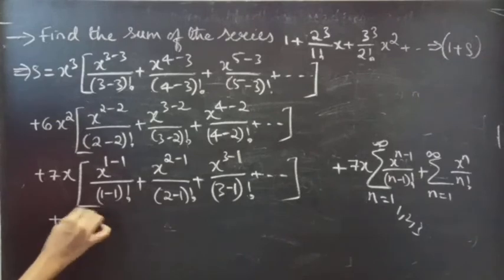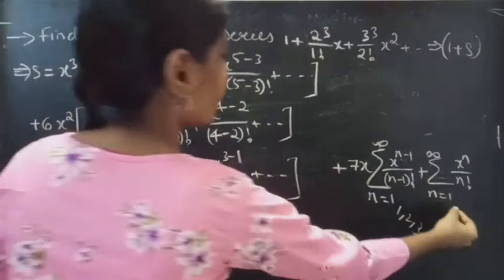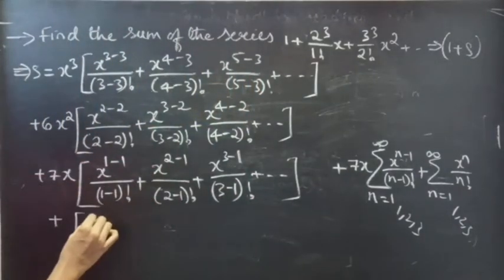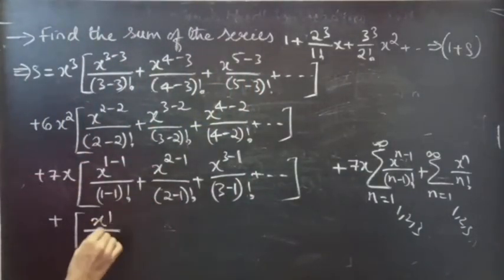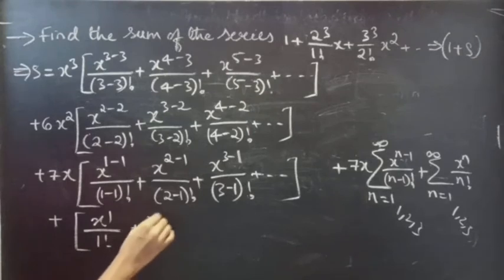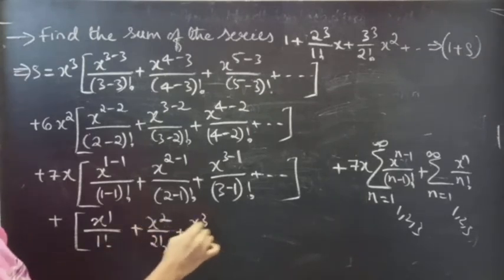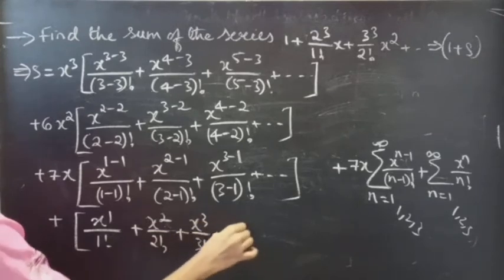Plus for n equals 1, 2 and 3, you'll get x power 1 by 1 factorial plus x squared by 2 factorial plus x cubed by 3 factorial plus so on.